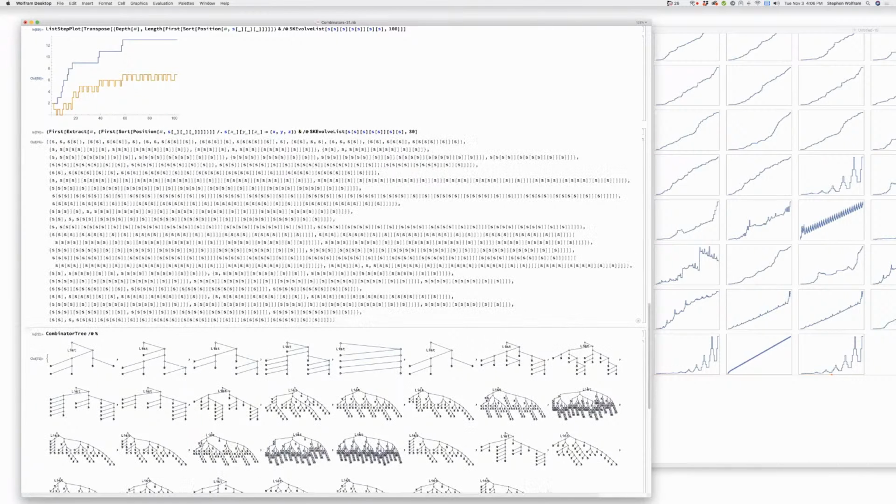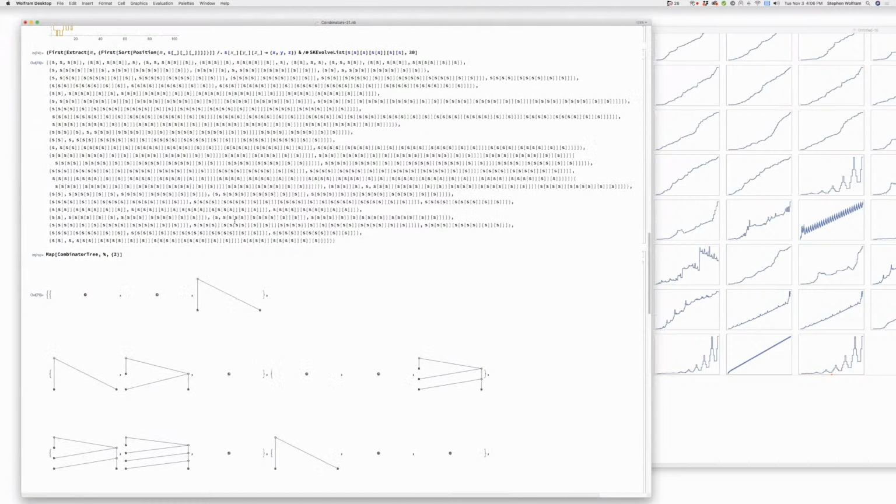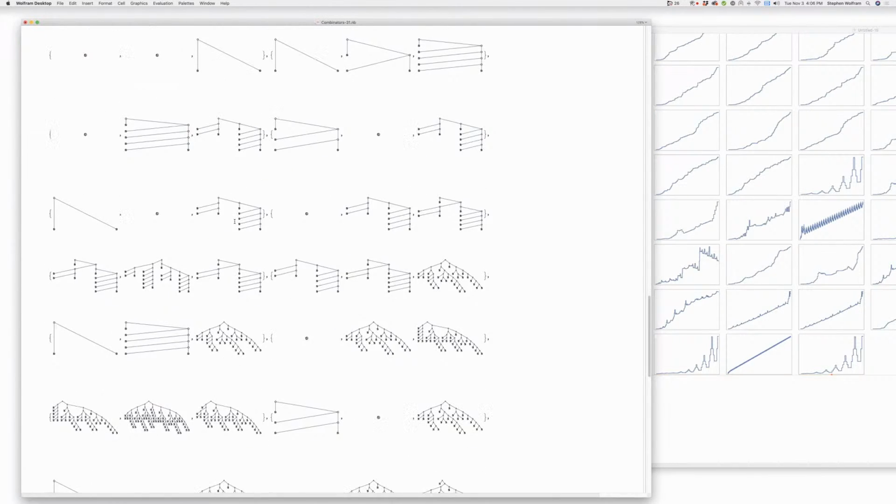And so now here we can say map combinator tree and this at level 2. So what that should do is it should give us a bunch of separate trees. Boy, this is hard to understand.